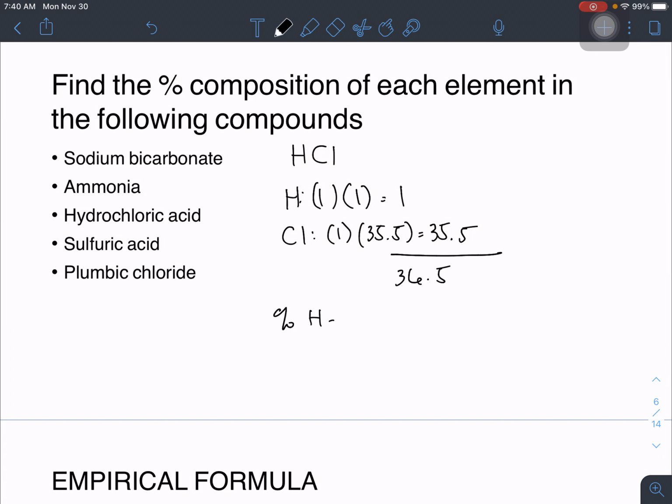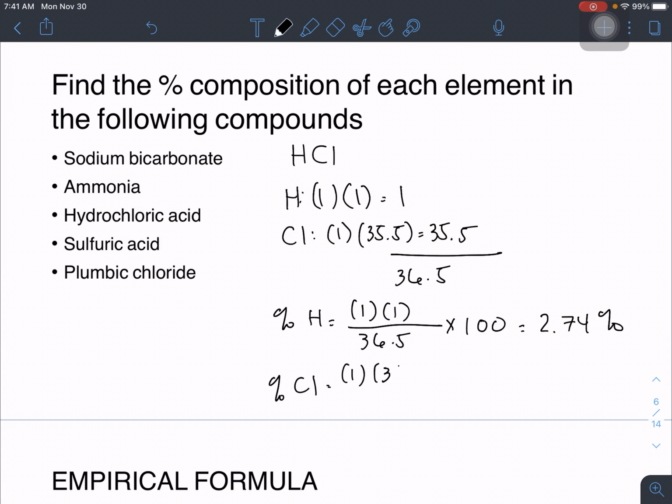The percentage composition of hydrogen will be equal to 1 multiplied by 1, all over 36.5 multiplied by 100. That will be 2.74%. And for chlorine, that will be 1 atom of chlorine multiplied by 35.5, all over 36.5 multiplied by 100. That will be equal to 97.26%.